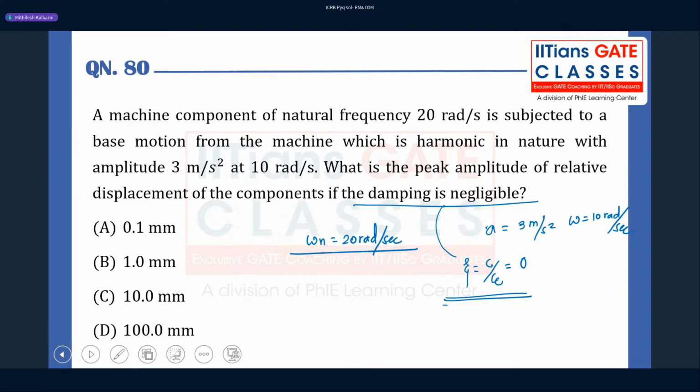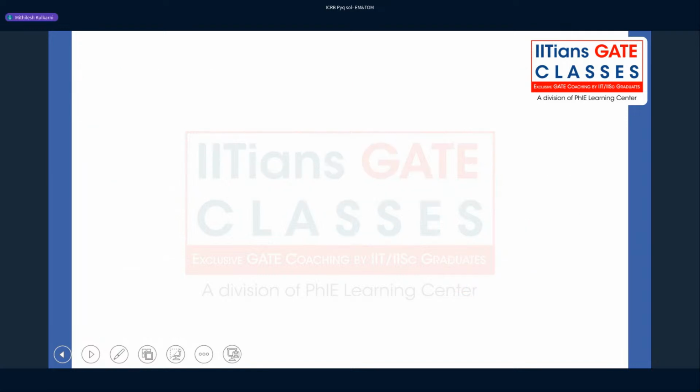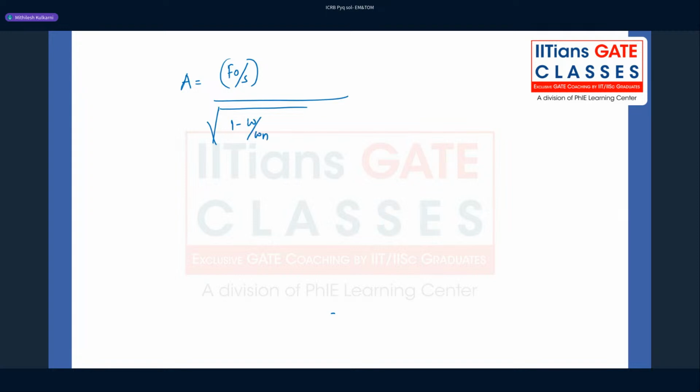We know that amplitude of vibration is calculated like this: F naught by S, which is the static deflection, divided by under root of 1 minus omega by omega n bracket square whole square plus 2 zeta omega by omega n bracket square. However, they have mentioned that the damping is negligible, hence zeta is 0. So the second part of the root will become 0.